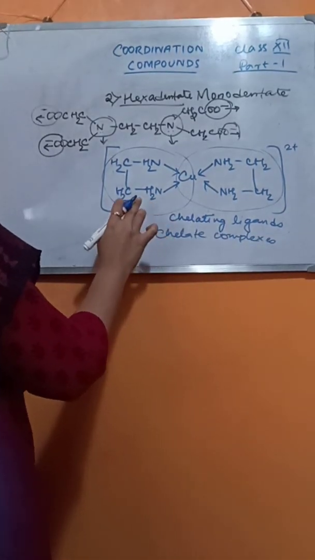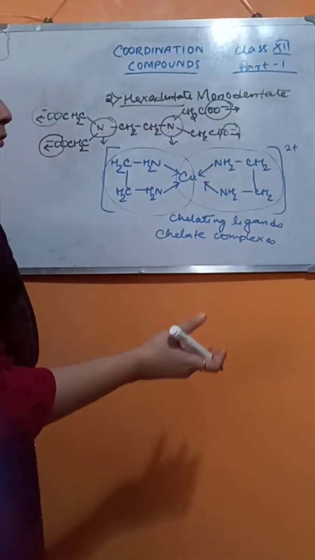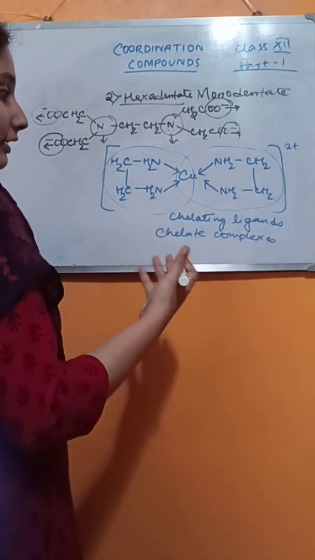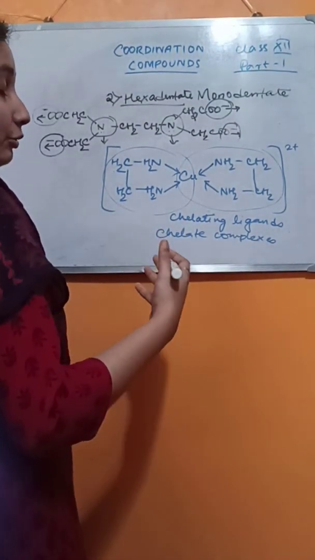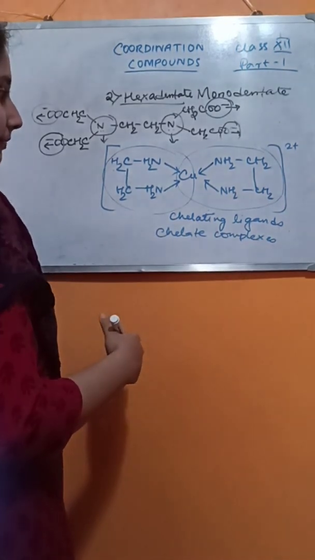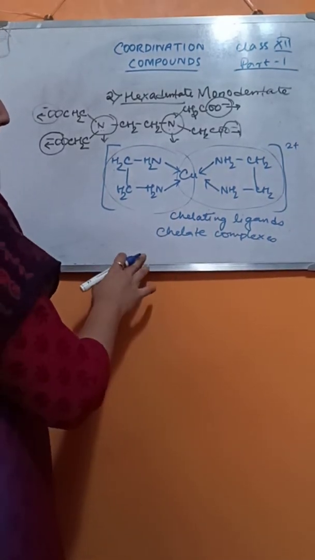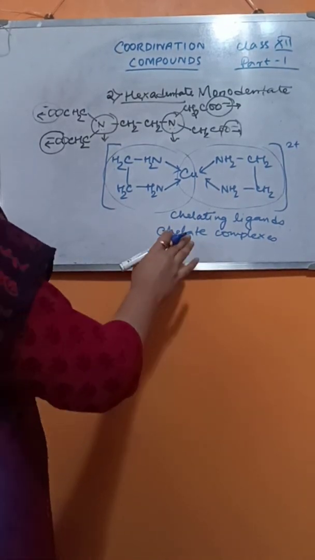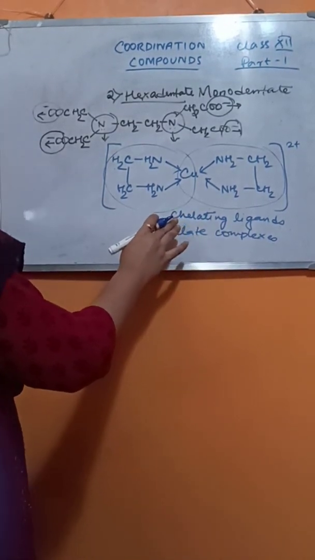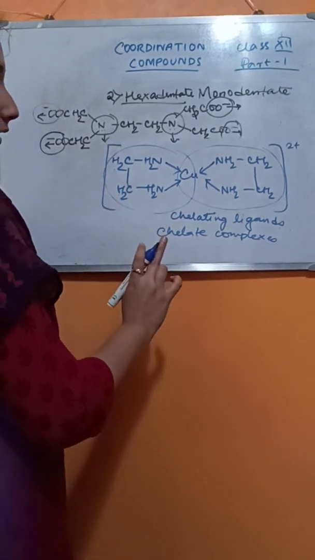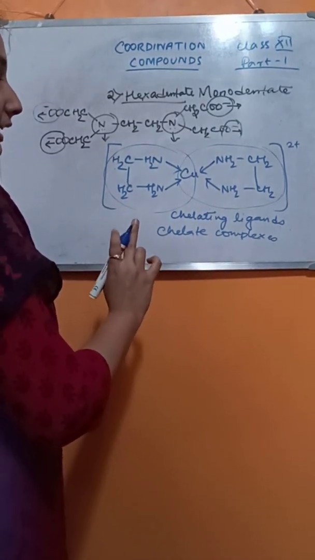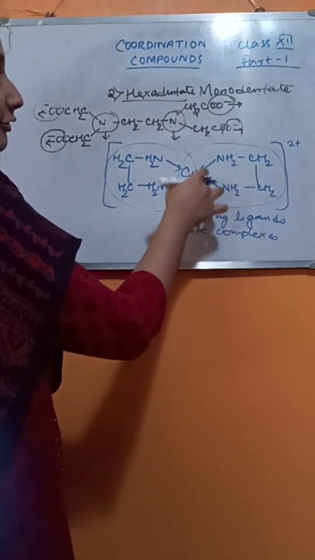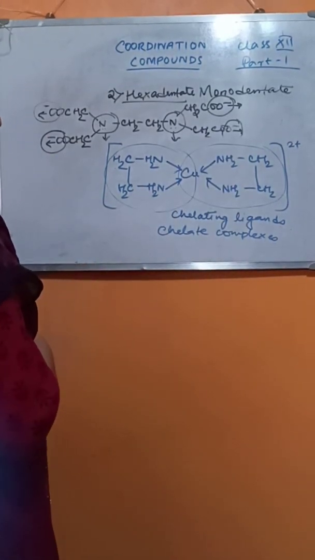These are much more stable than the single monodentate ligand complexes, and this more stability of the chelate complexes is known as the chelate effect. Remember one thing, that chelating ligands are only multidentate ligands. No monodentate ligands can form chelate complexes because they have only one donor site. How will they form the ring with the metal ion?